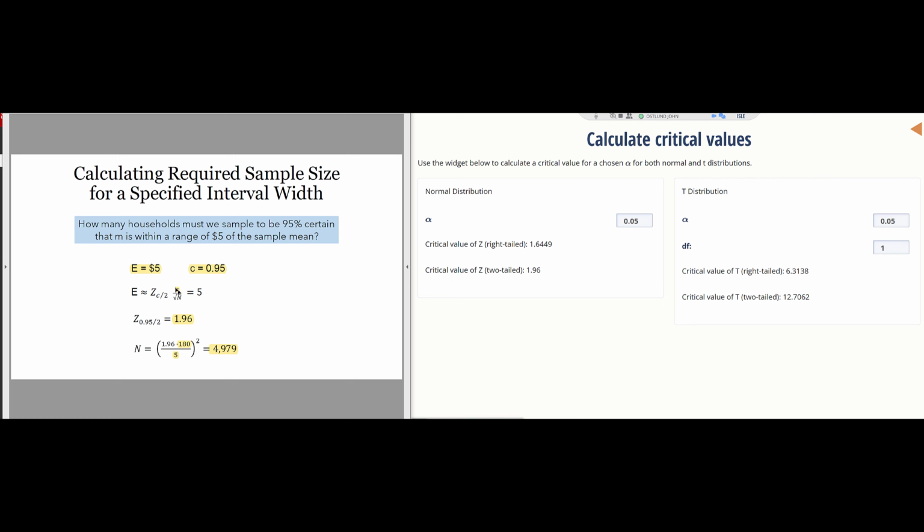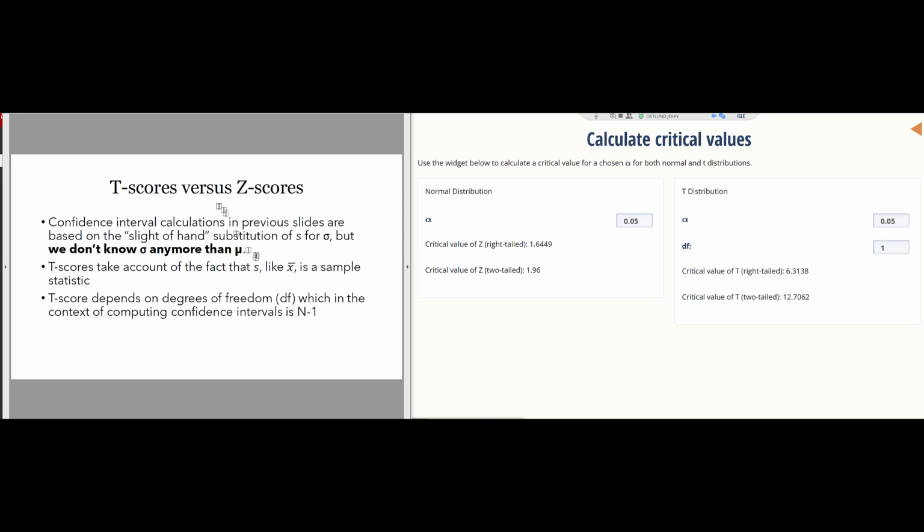To compensate for the fact that this value of s is suspect, instead of using ordinary z-scores when we do our computation here and when we create our confidence intervals, what we're going to use instead is something called t-scores. T-scores take account of the fact that our sample standard deviation, just like x bar, is a sample statistic.